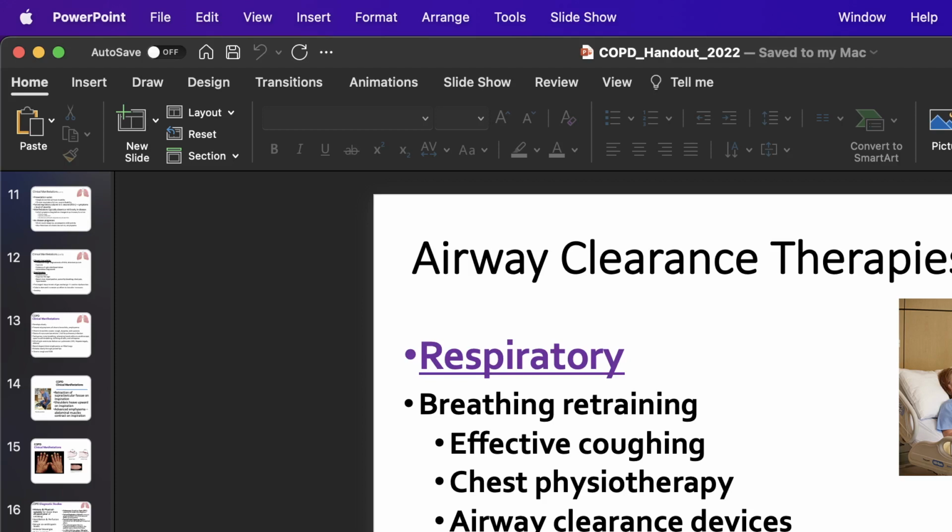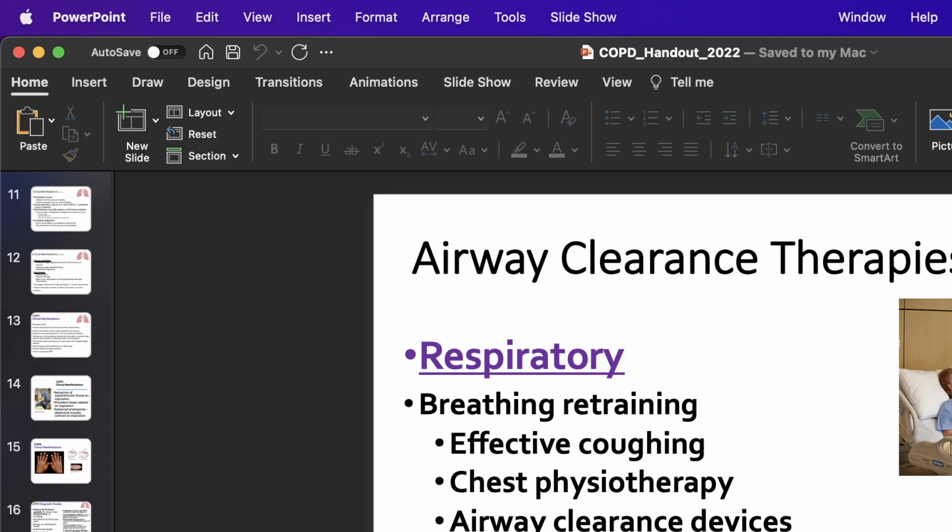So we nurses can teach effective coughing, they call it huff coughing. It was in your book, in your assigned reading somewhere. Huff coughing is, you have the patient just sitting in the chair, which they're probably sitting in the chair anyways. Their knees are flexed. They're going to flex their head slightly forward. They're going to take a breath in, and then they're going to blow out like that, like a huff.